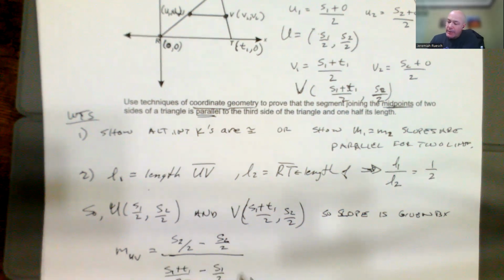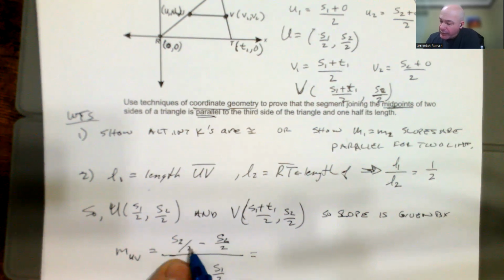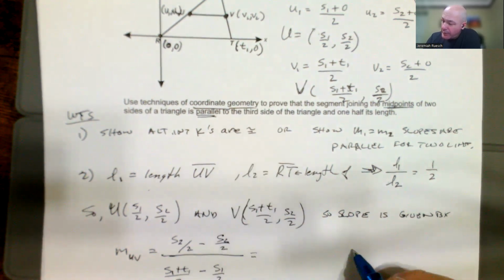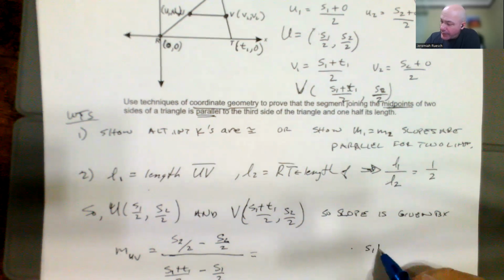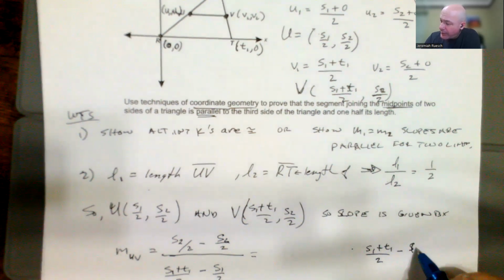Okay, I don't need to worry about subtracting these per se at this moment because I notice that I have S2 minus S2, and S1 plus T1 over 2 minus S1 over 2 is not equal to 0.